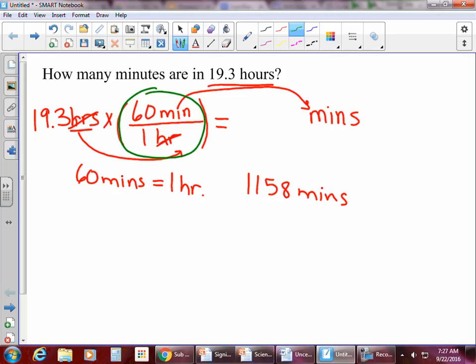I just look at whatever I'm starting with in dimensional analysis for sig figs. Since 19.3 is 3 significant figures, my answer is going to have 3. I look at that 8, and it's going to round up the 5, so I'm going to have 1,160 minutes.